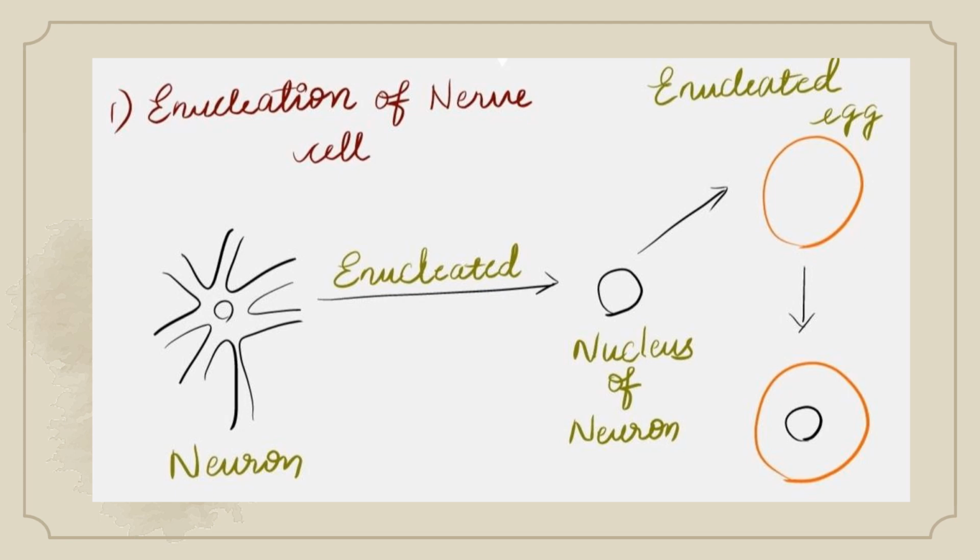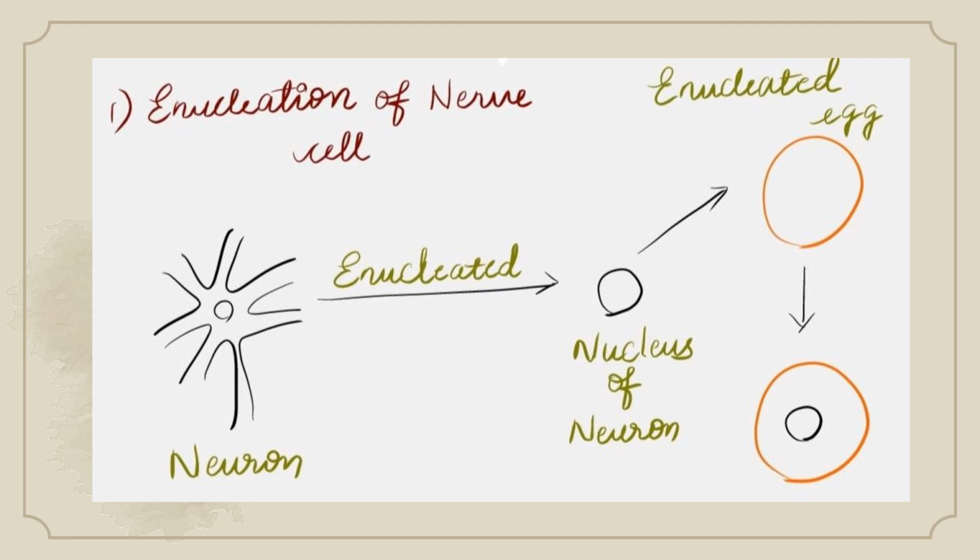So this nucleus tends to adapt to the egg cell. We know that a neuron is incapable of dividing, but when this nucleus is inserted into the enucleated ovum, it starts to behave as the nucleus of an egg and it starts dividing. So he found this important point in his experiment.